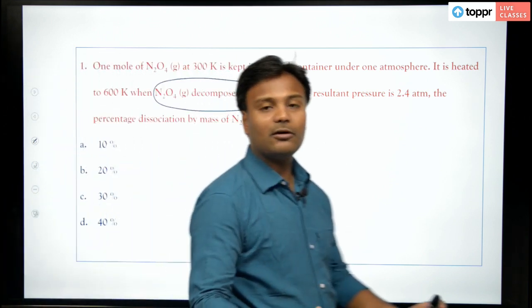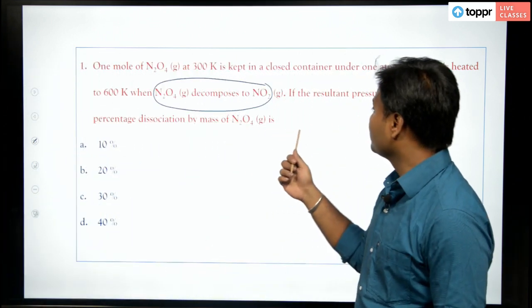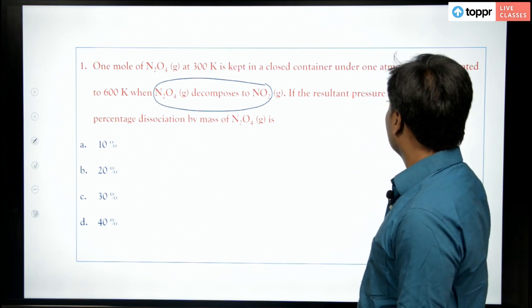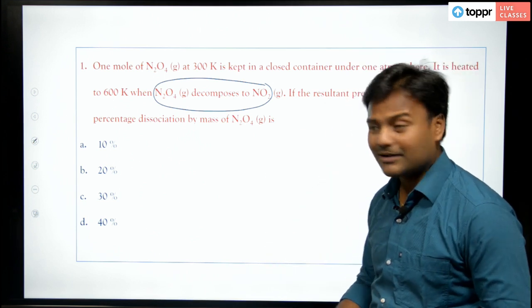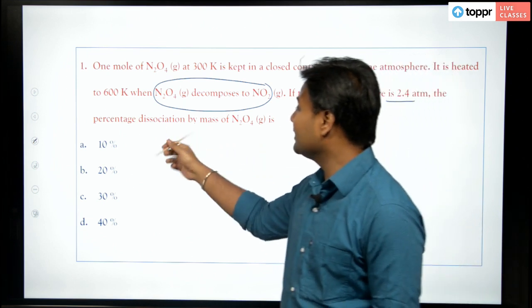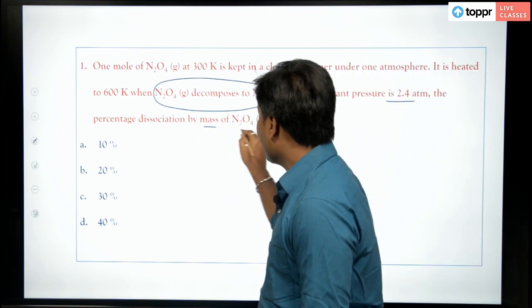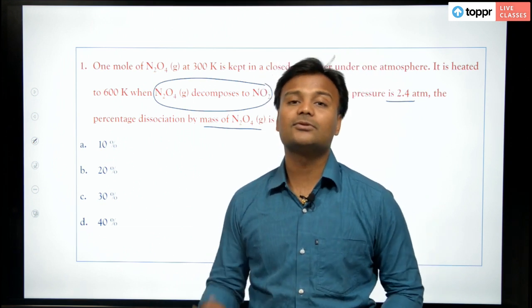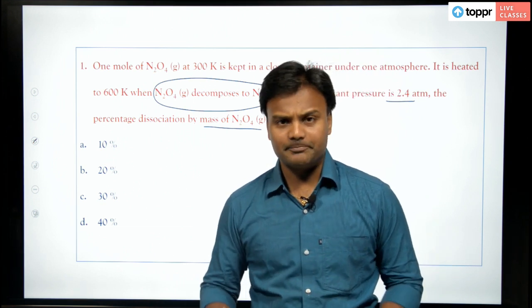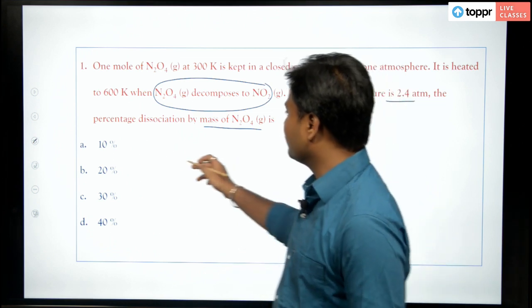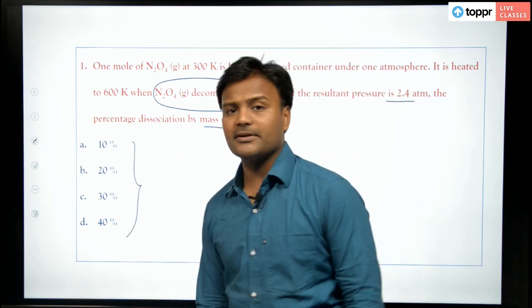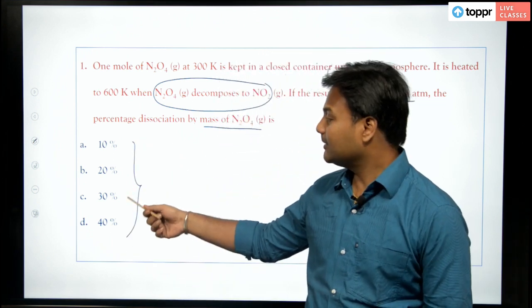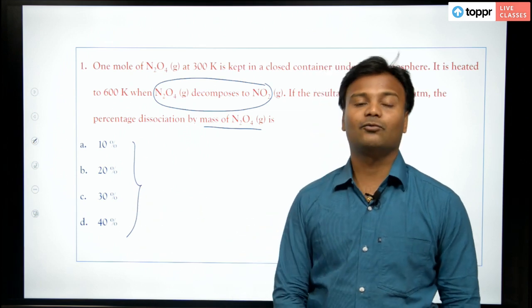When N2O4 decomposes to NO2, if the resultant pressure is 2.4 atmosphere, the percentage dissociation by mass of N2O4 is how much? Okay, so this is one of the previous question papers, and you have the options here: 10%, 20%, 30%, 40%.